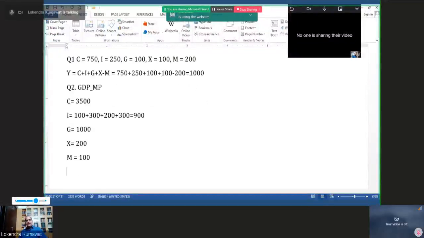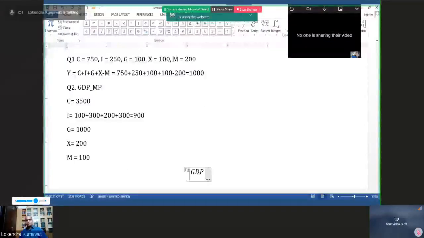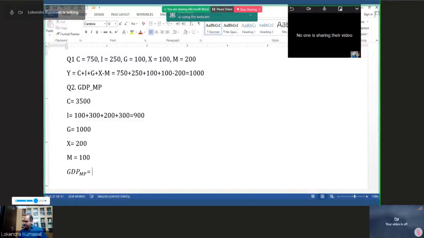So GDP will be equal to 3500 plus 900 plus 1000 plus 200 minus 100. This you can calculate. It will give you some value. It will be, I think, 5500.